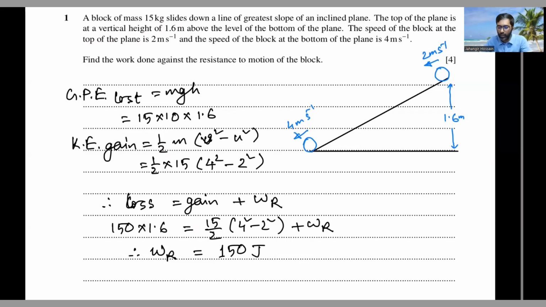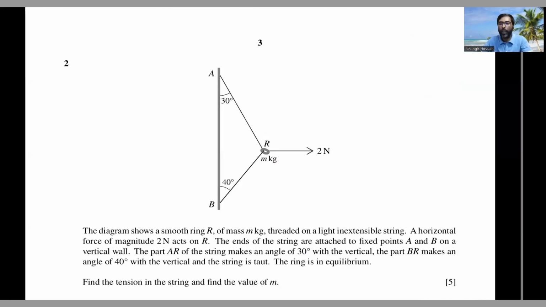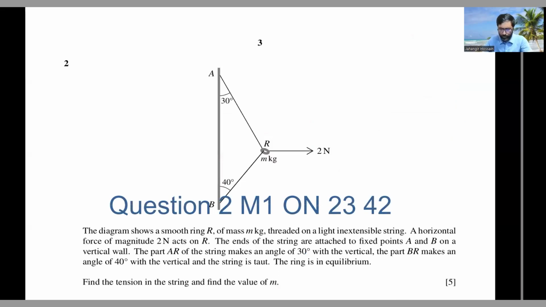That's number one. Now let's get to question number 2. In question 2, you see this diagram. The diagram shows a smooth ring of mass m kg threaded on a light inextensible string.